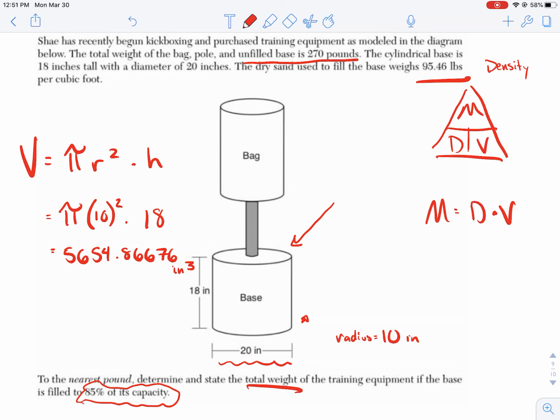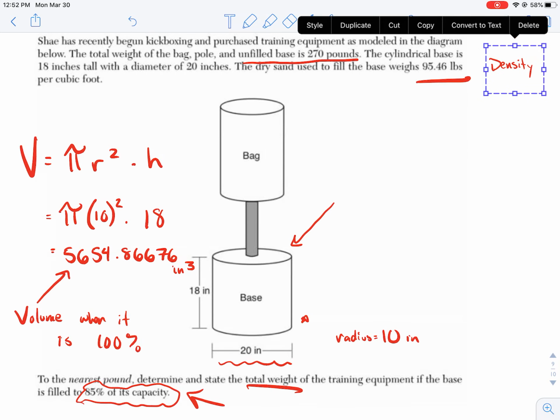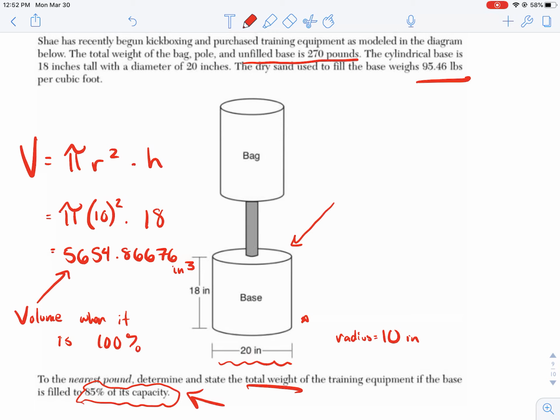All right. Now, also, let's think about this. There's always a couple of ways you can do these problems. So this is our volume when it is 100% full. I want to find its volume when it's 85%. So I'm going to set up a proportion.